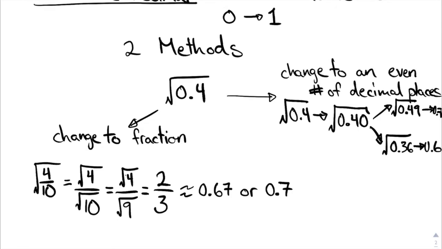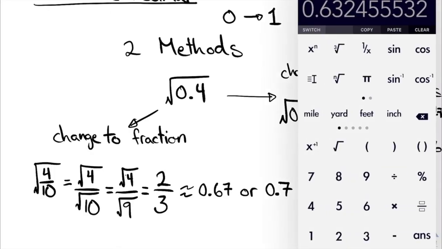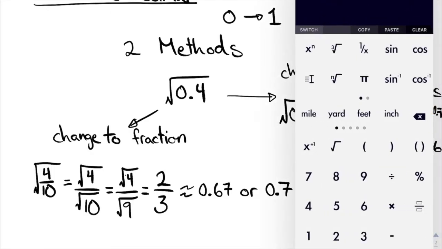Well, it's closer to 0.36. So that means 0.4 is about equal to something like 0.64. And if we do that, square root of 0.4, that's 0.63.